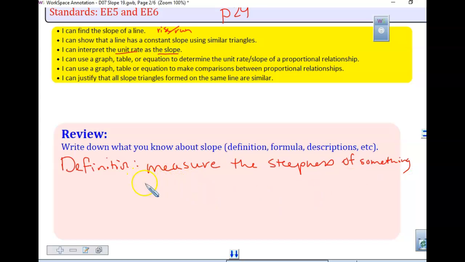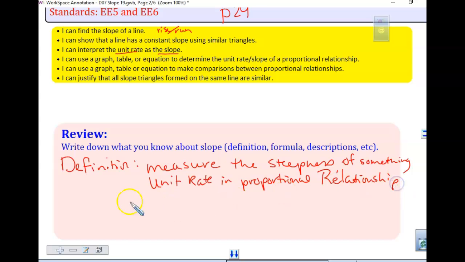And the other part of that is that it is going to be our unit rate in a proportional relationship. Now, this is only in a proportional relationship that starts at 0,0.